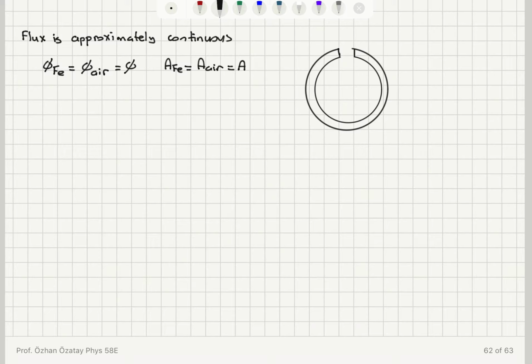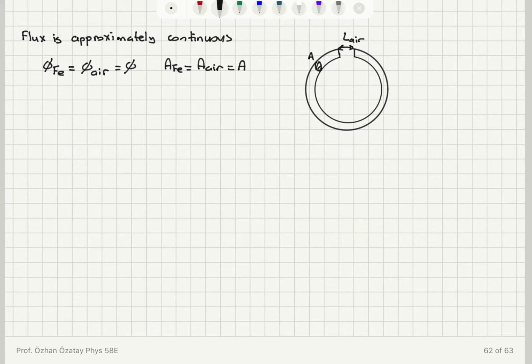This part has the same cross-sectional area A. The length of the iron part, this is the length of the air part, and we have different mu values for different regions.